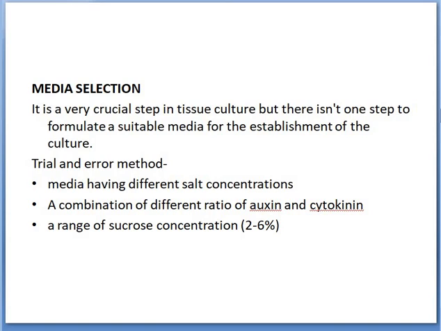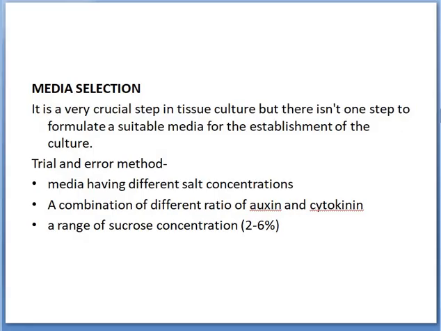So people try different combinations of inorganic salts, organic supplements and plant growth regulators to develop a medium which can promote regeneration from a particular species of plant and explant.